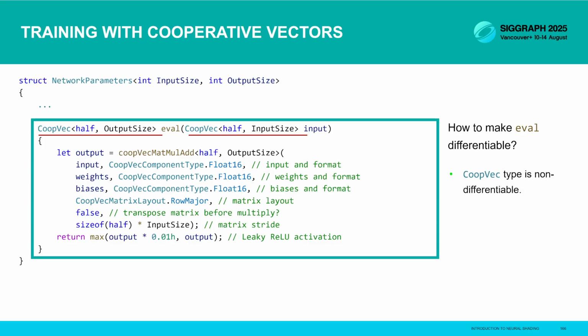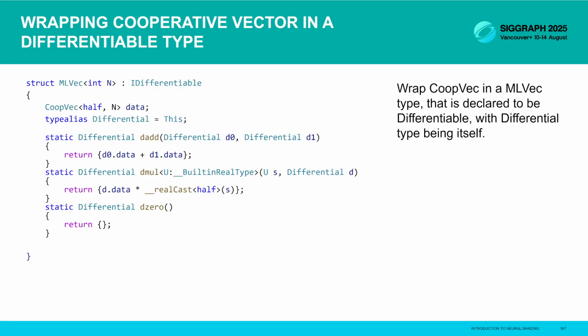One is that the built-in coop vec type isn't considered by the Slang compiler as a differentiable type. We are still working on making coop vec a differentiable type out of the box, but for now this is not yet the case. Second, the coop vec mat_mul_add intrinsic is not a differentiable function either. Since coop vec type is not yet considered differentiable by the Slang compiler, we need to wrap it into a differentiable type.